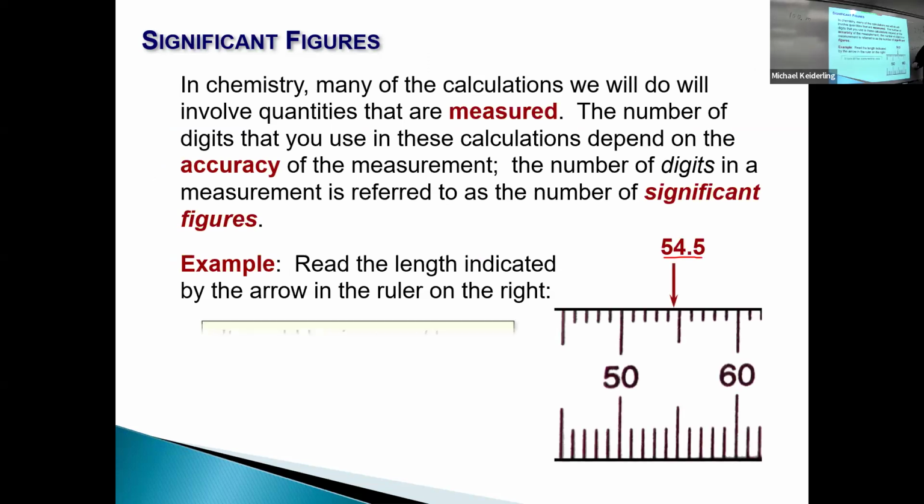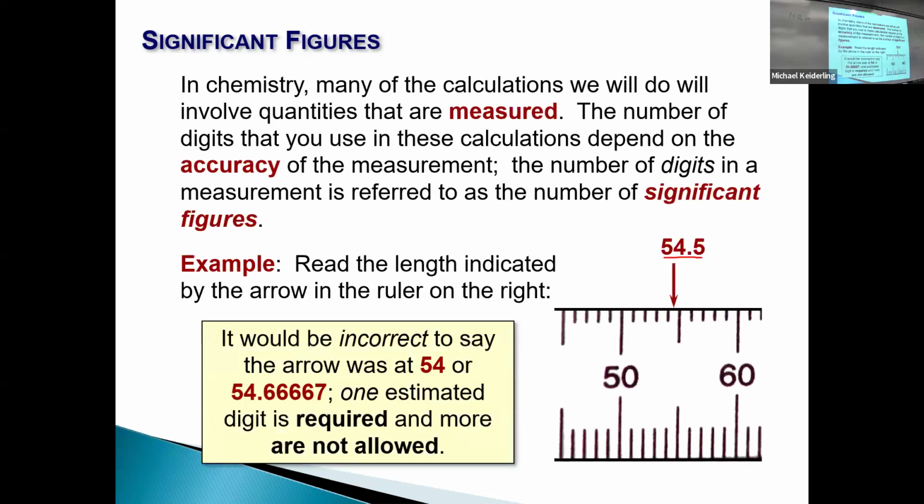When you make a measurement with a ruler, the strict rule is that you can read through the markings and then estimate another digit in between. I didn't have you do that today in the lab. I'll tell you how precisely I want you to make measurements in lab, but this is how you should, in theory, be measuring. Here, this is a millimeter ruler.